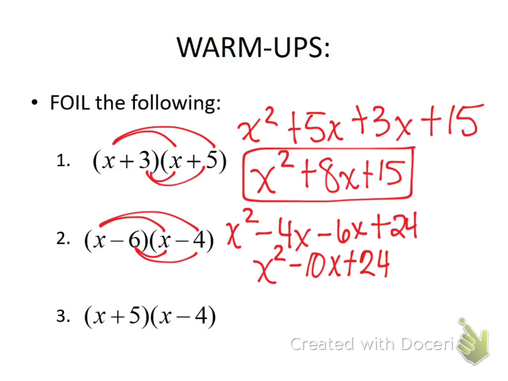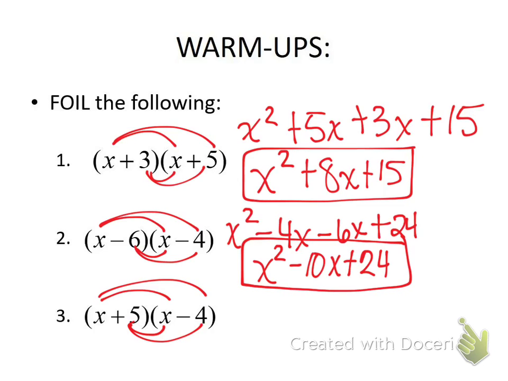All right, on number 3, we've got a positive 5 in the front, but we have to treat that like a negative 4 in the back. So still, we double distribute. We take x times x. What do we get? X squared still. Oh, I didn't box my last answer. Okay, x squared. And then we have x times negative 4, negative 4x. 5 times x, positive 5x.